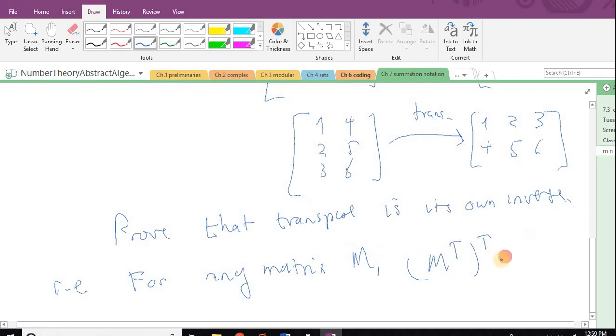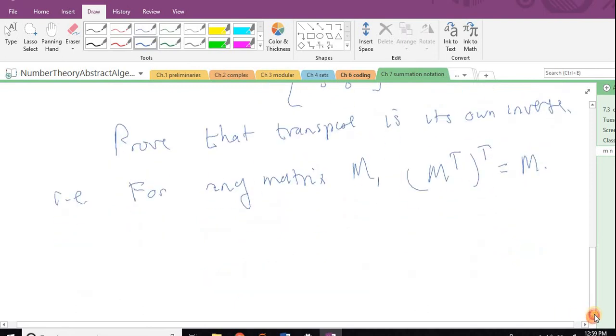But what you want to prove is that for a matrix, transpose transpose gives back the matrix. You could prove it element by element. That would be a good way to do it. So why don't we think about how you would do that?